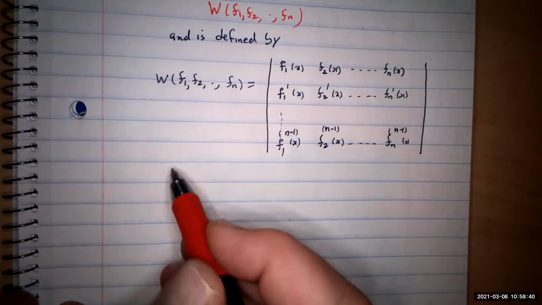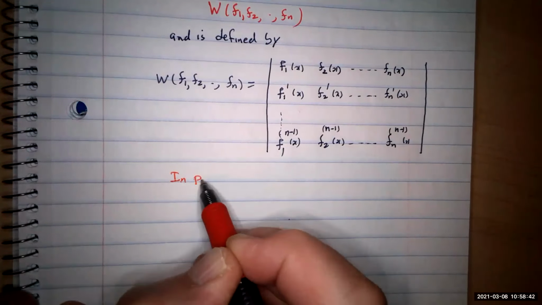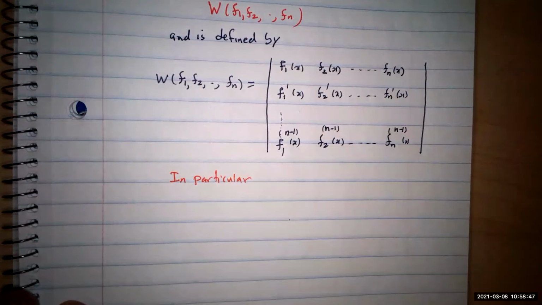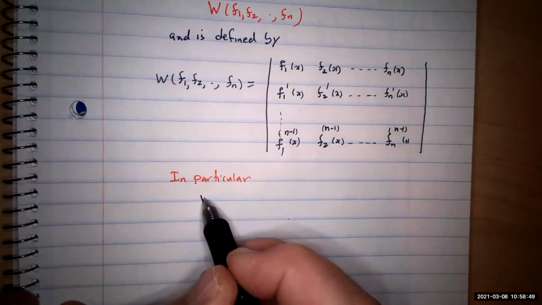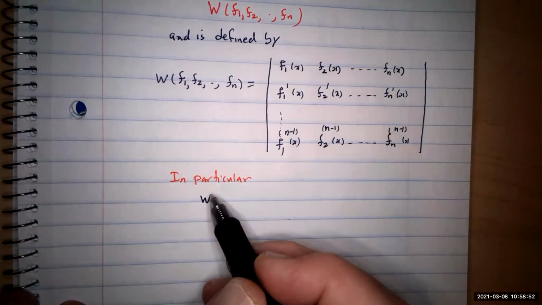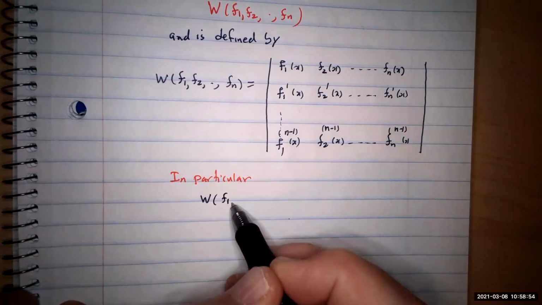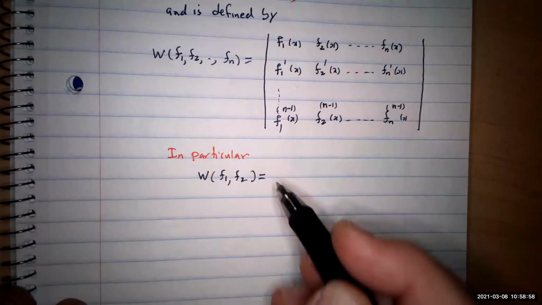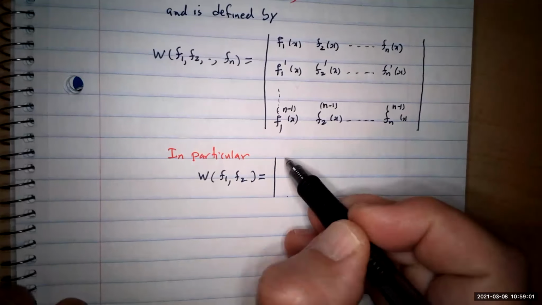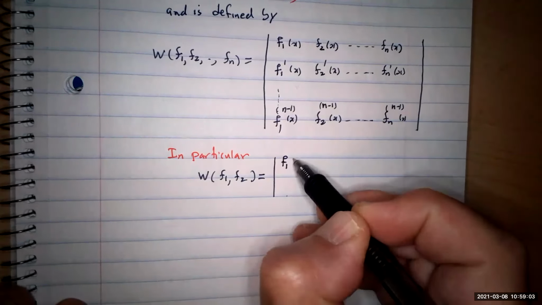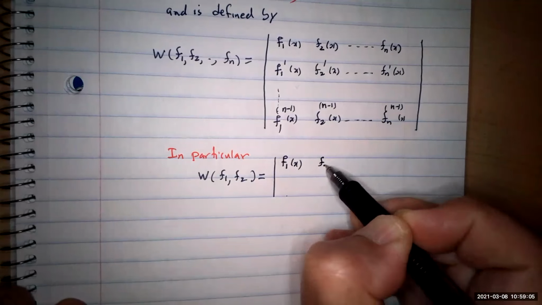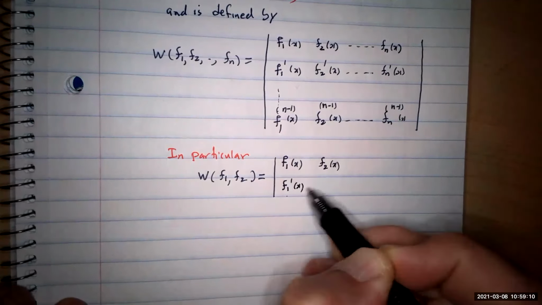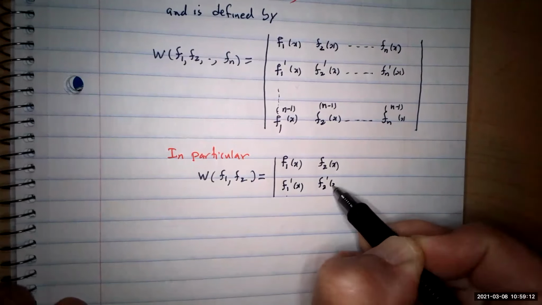So that is going to be the Wronskian. In particular, this is the one that we like. Let's write it down. The one that we are going to use is if we have two functions, f1 and f2, so they are just differentiable. It's the determinant where the first row is f1 of x and f2 of x, and the second row has their derivatives.